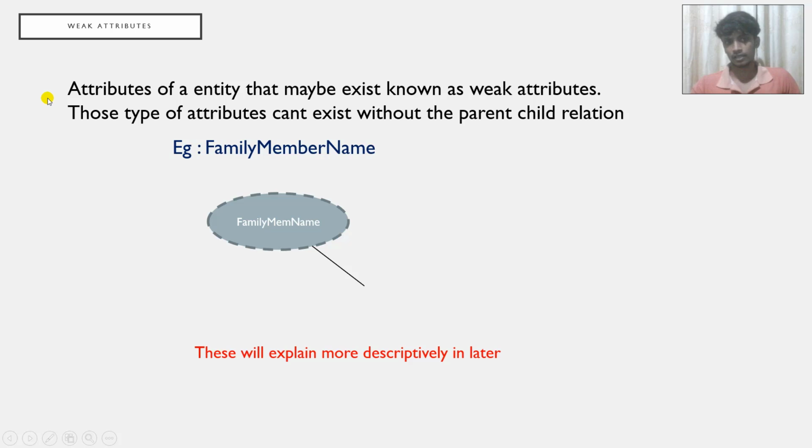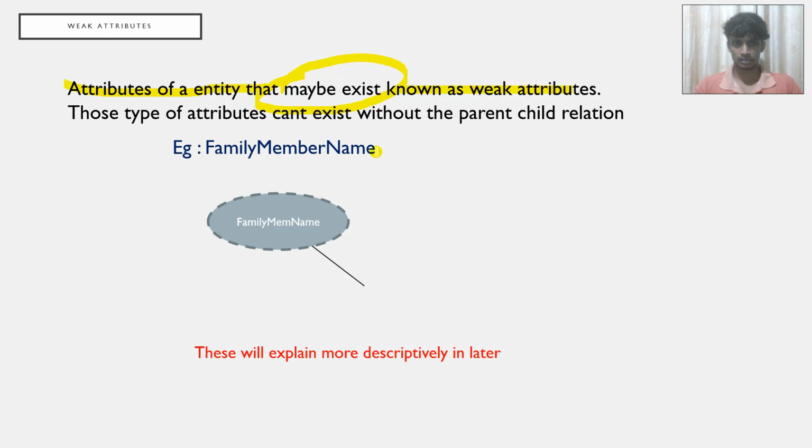So to get an idea of the definition: an attribute of an entity that may exist is known as a weak attribute. Those types of attributes can exist without the parent-child relation. The parent-child relation is a topic that we are going to cover in the relationship stage, so for now it is not necessary. What you should know is that an attribute of an entity that may exist is known as a weak attribute, like family member name.